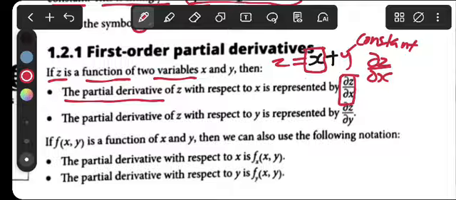The partial derivative of z with respect to y, we have dz over dy. That means now we'll differentiate y, and this other one will be a constant.